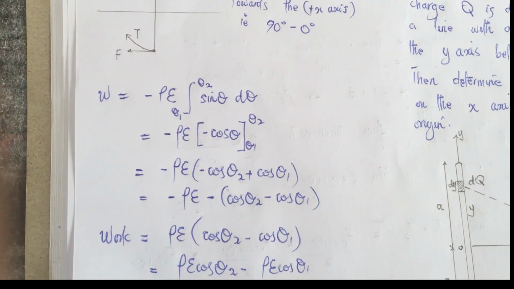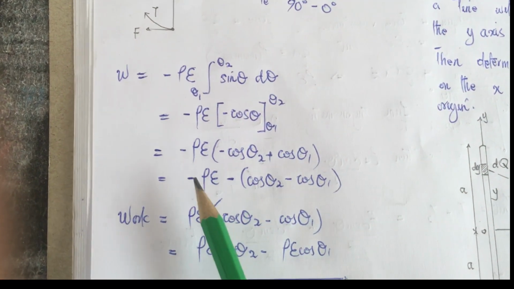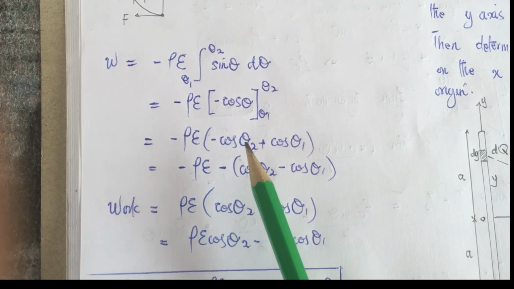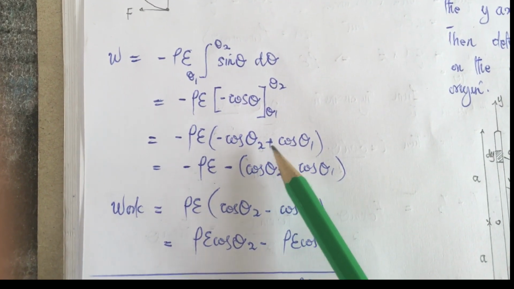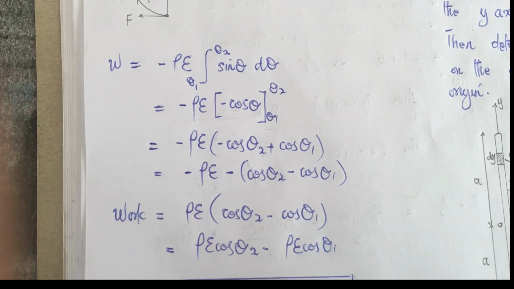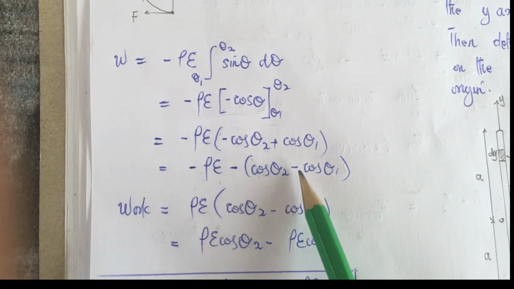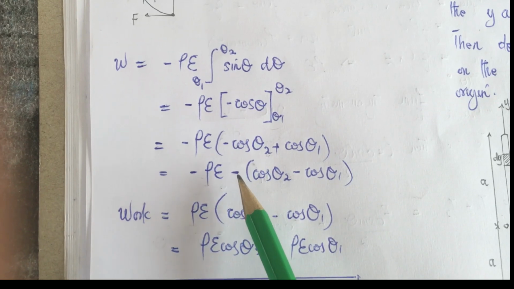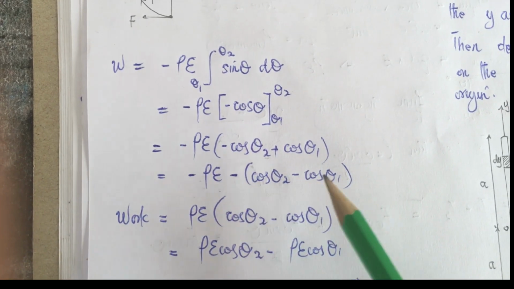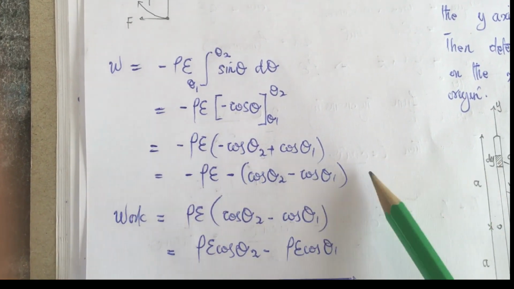Okay, let's move on. You understand what I'm trying to say better? So negative PE is equal to negative cos theta 2 plus cos theta 1. When we factor out this negative, we get negative PE times negative, bracket open, cos theta 2 minus cos theta 1.